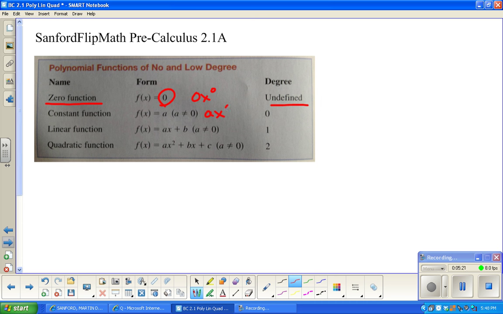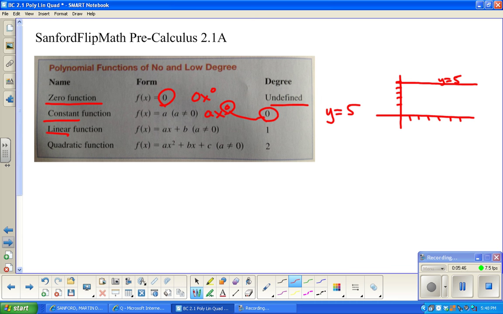In this one, it'd be like ax to the 0. So the degree is 0, and it's called a constant function because an example might be like y equals 5. That's a constant function because as I look at different x values, the y values are constant. They're all the same.